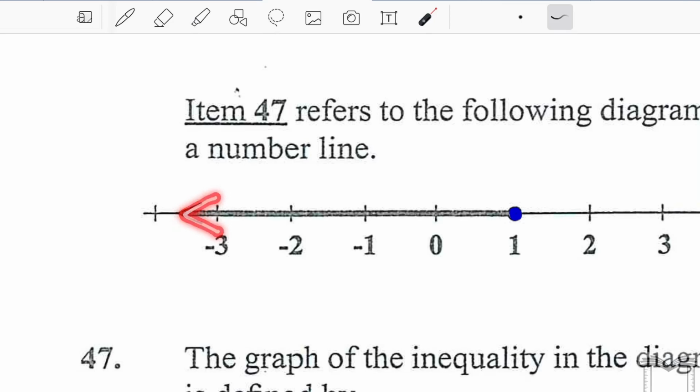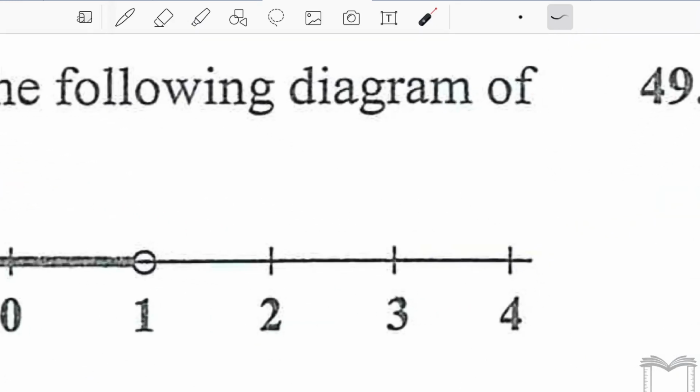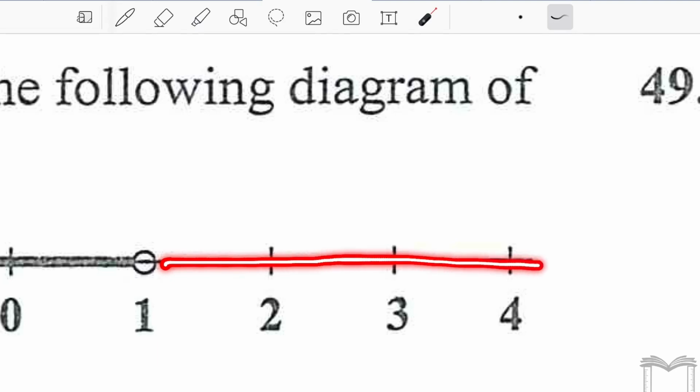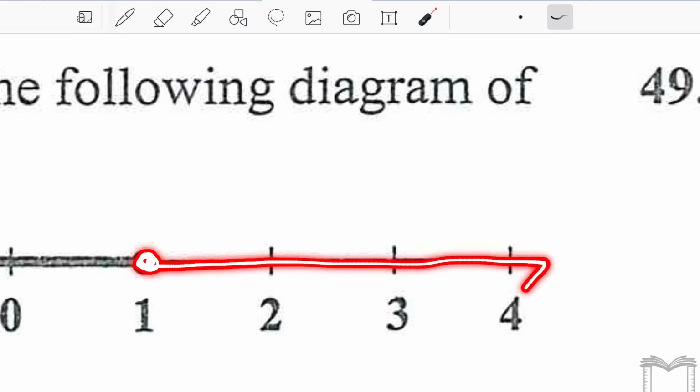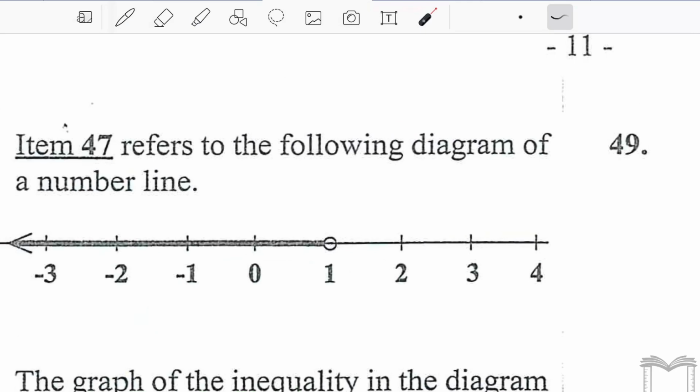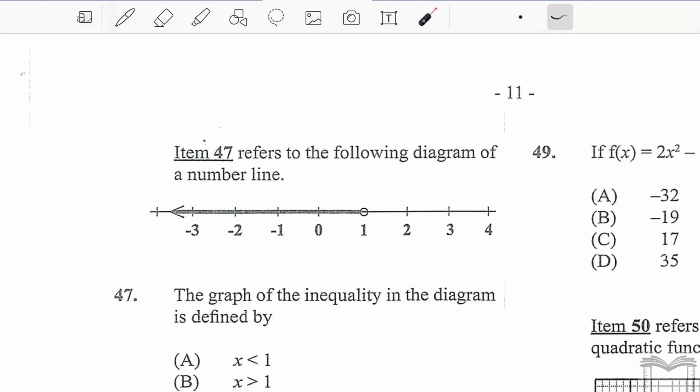If it's shaded, it will be less than or equal to. If it's not shaded, it's simply less than. If we were going in this direction and it's not shaded, we will say it's more than 1. If it's shaded and going in this direction, we will say it's more than or equal to 1.